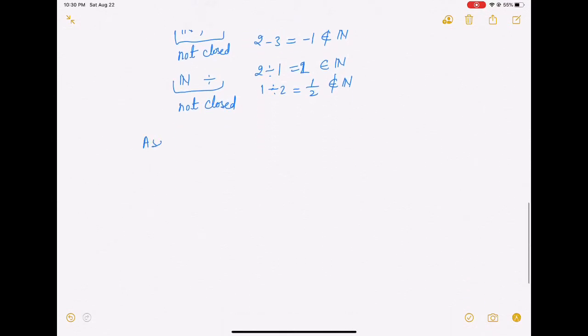Next property is the associativity, or associative property, or associative law, whatever you want to call it.